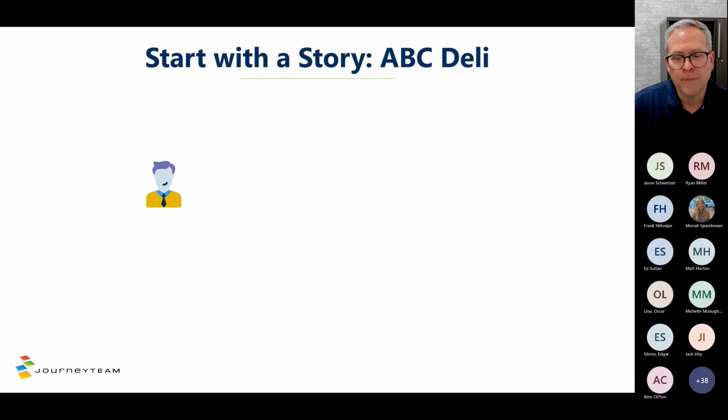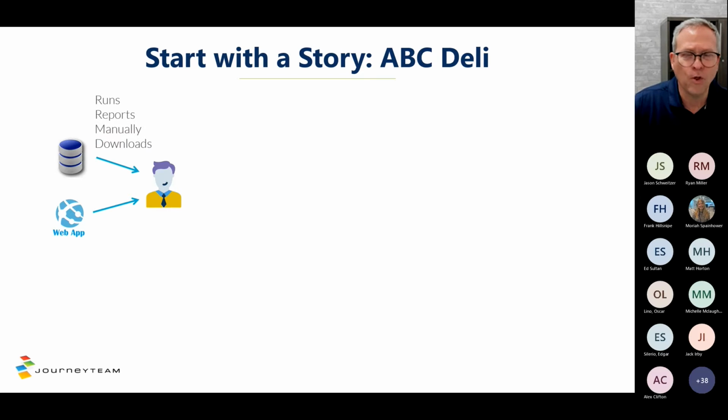Now, one of Bob's primary assignments is pulling and providing insights to the executive team on how the business is performing. In order to do that, he has to, on a weekly basis, reach out to a couple of sources of that data, a database that they maintain, as well as a web application that captures some of their business data. So Bob, every week, has to connect to those systems and manually pull the data down to his desktop so that then he can start organizing it for the executives.